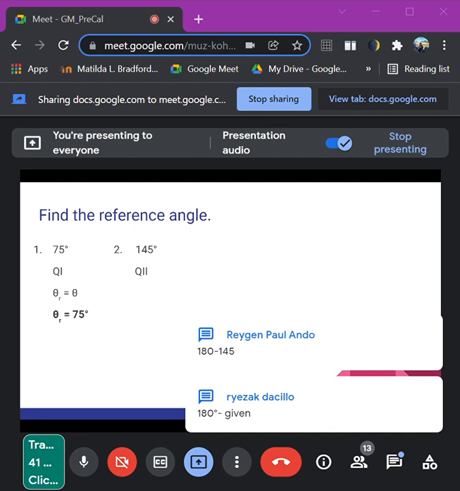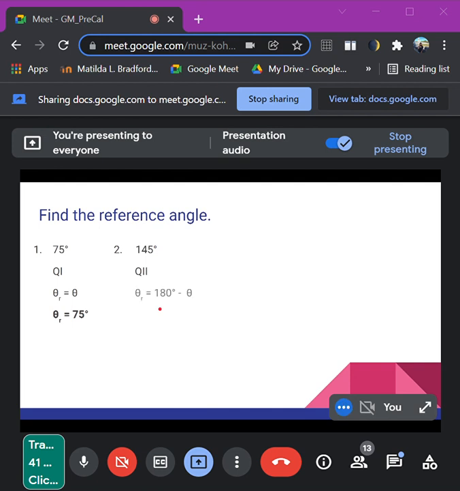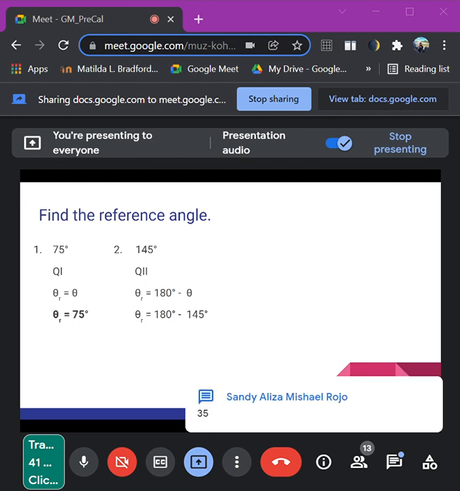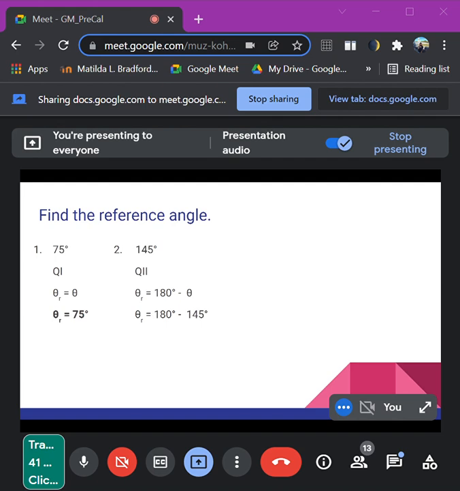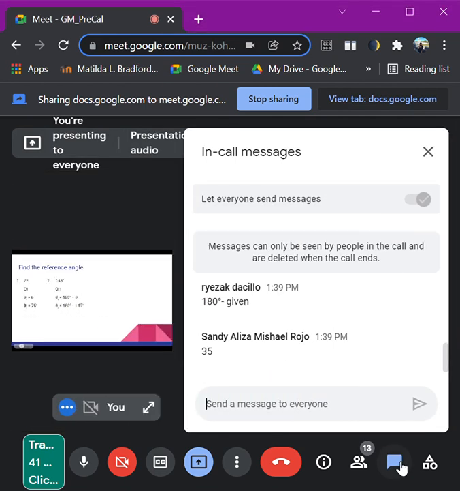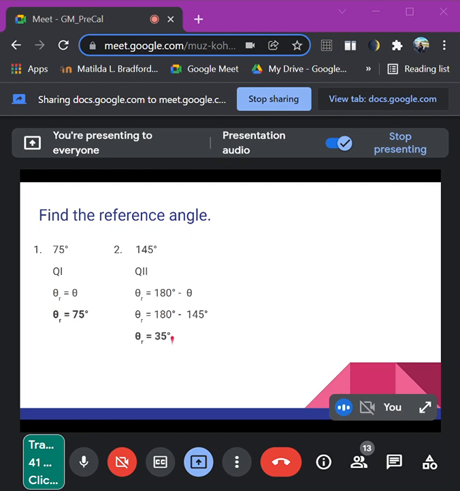Okay, so you have there 180 degrees minus theta, the given. So we subtract: 180 minus 145. What's the result? Okay, that is 35 degrees. So that is the reference angle.